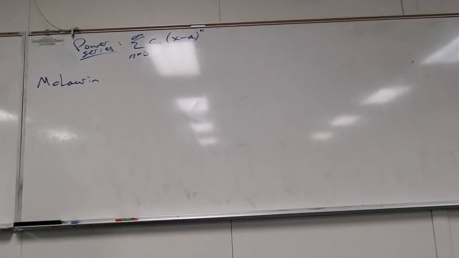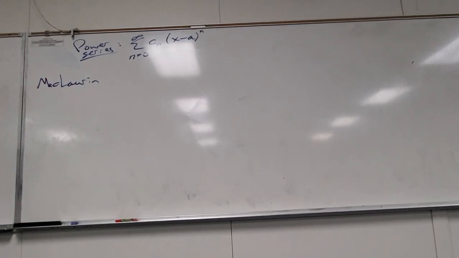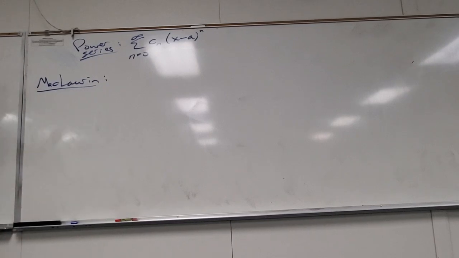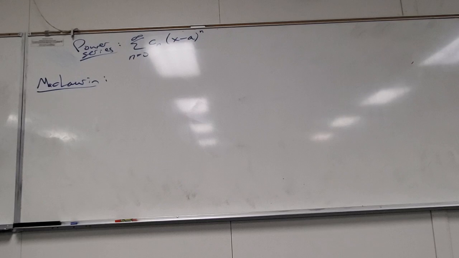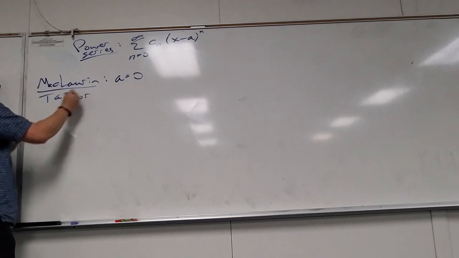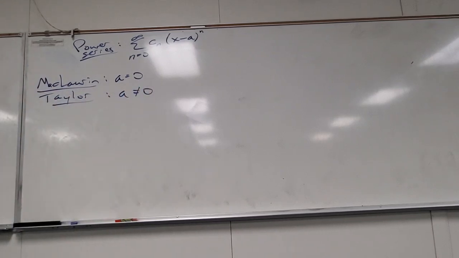MacLaurin series are when A equals 0. A general Taylor series is when A is not equal to 0. So MacLaurin really is just a specific instance of a Taylor series.